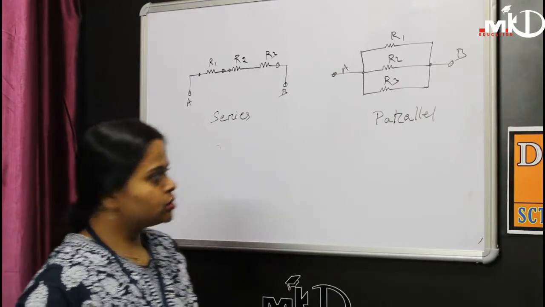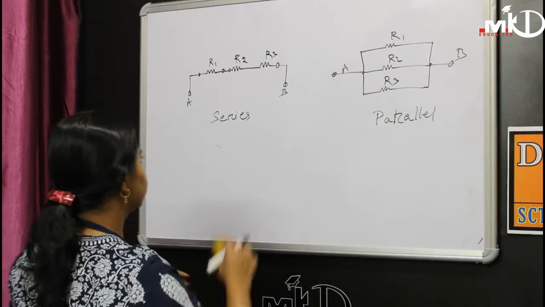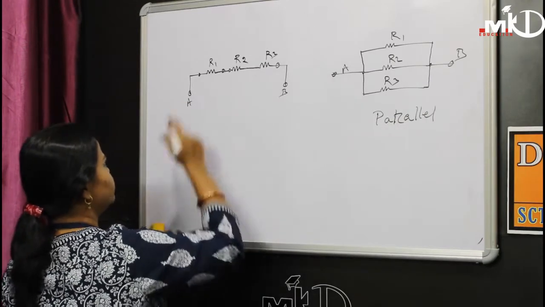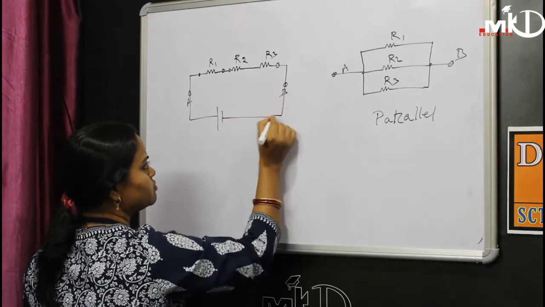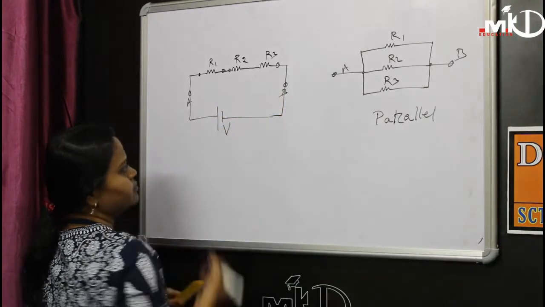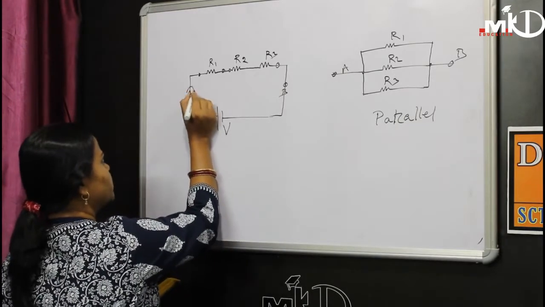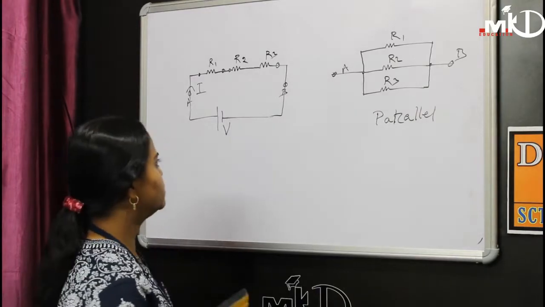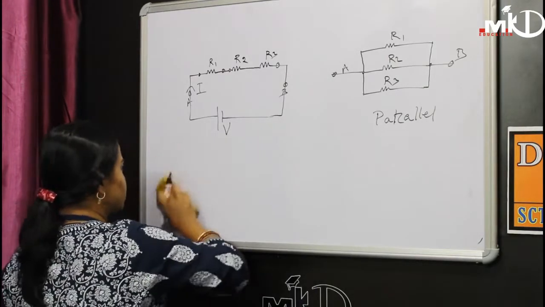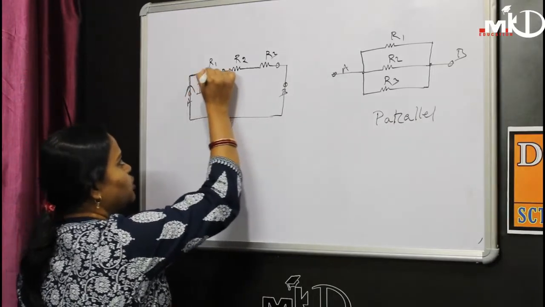Now if we connect it in a circuit, we give a voltage source or battery. The voltage is V. One current will flow, suppose I. In this case, you can see we have only one path.